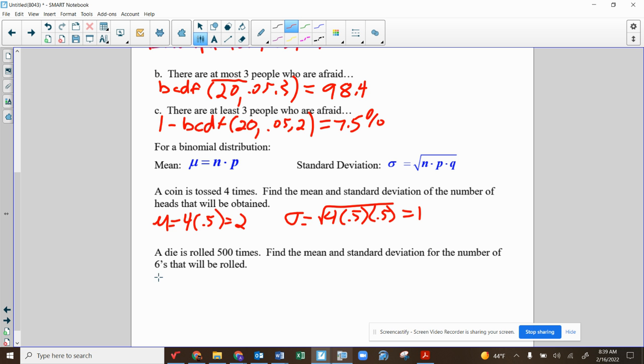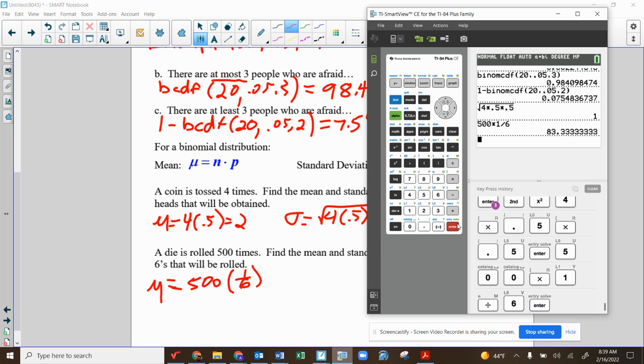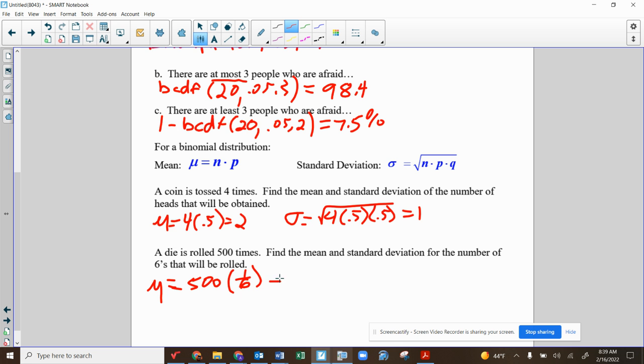Okay. A die is rolled 500 times. Find the mean and standard deviation for the number of 6s. So you get a 6 or you don't get a 6. Probability of getting a 6 is 1 out of 6, since there's 6 sides on a die. 500 times 1 divided by 6 will give you 83.3.